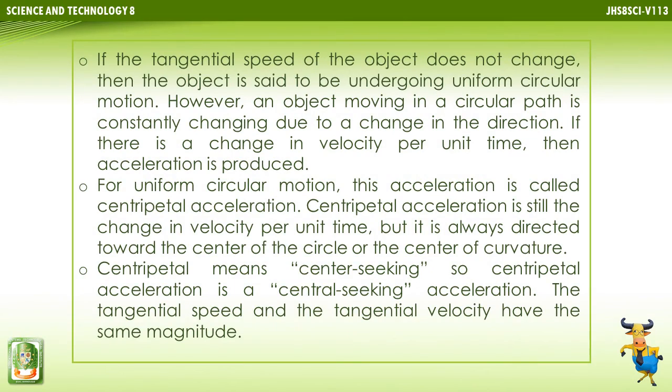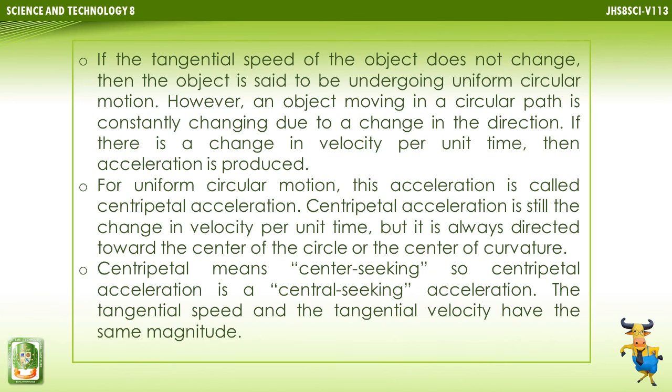If the tangential speed of the object does not change, then the object is said to be undergoing uniform circular motion. However, an object moving in a circular path is constantly changing velocity due to a change in direction. If there is a change in velocity per unit time, then acceleration is produced. For uniform circular motion, this acceleration is called centripetal acceleration.